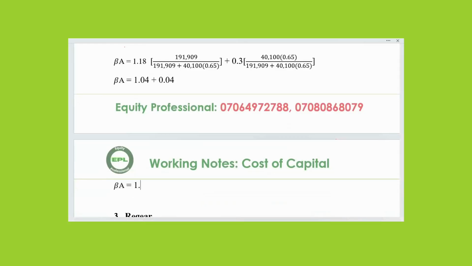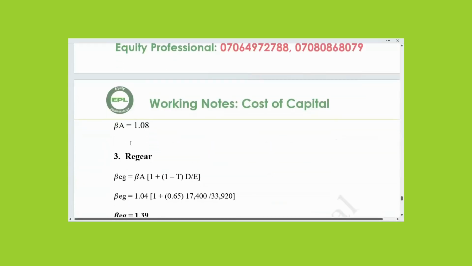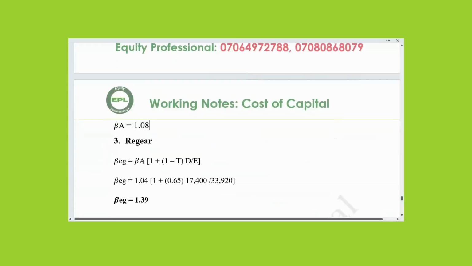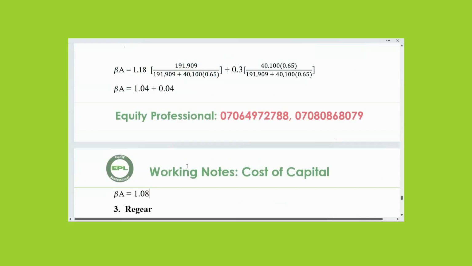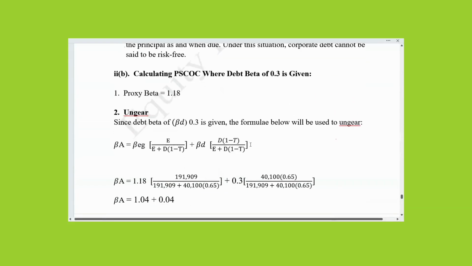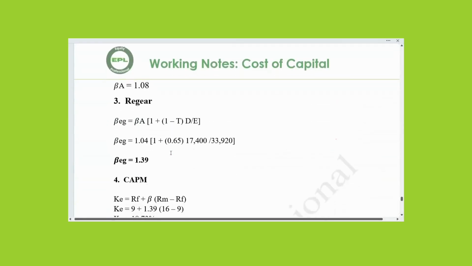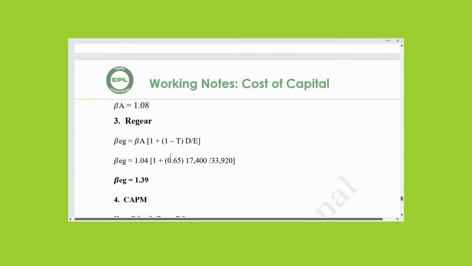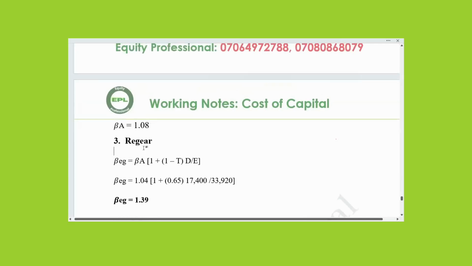So 1.08. The next thing we then need to do is to regear, to incorporate the financial risk of Kilimanjaro. And I said to regear, just repeat the same formula you have in step 2, because that beta is given. Before you put down your formula, you have to check from the question if you are given debt beta for the main company.